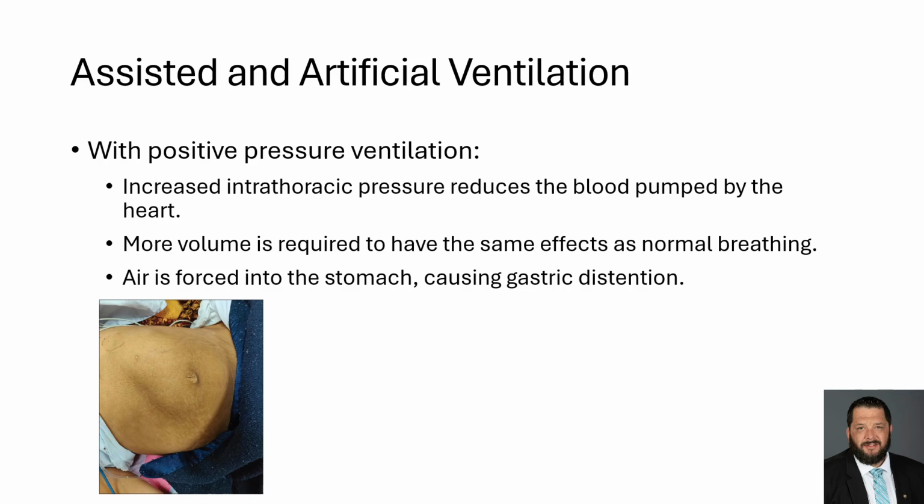This gas further increases the intrathoracic pressure by pushing the diaphragm upward from the abdominal cavity, further reducing cardiac output and leading to a significantly increased risk for emesis, further complicating your airway management.